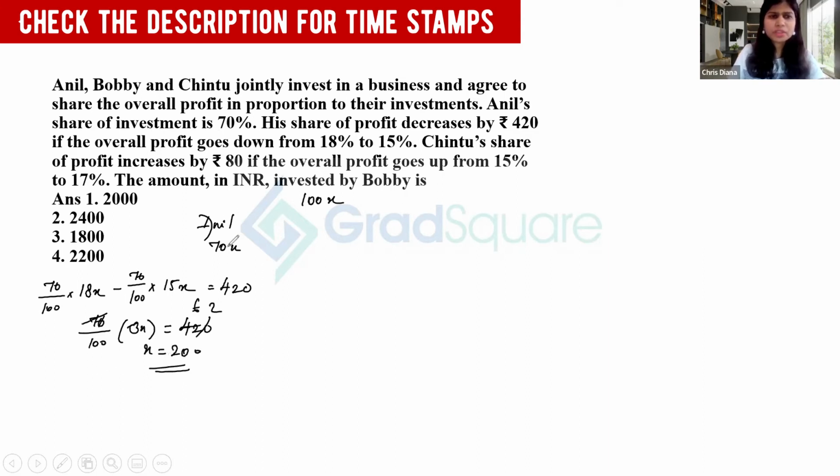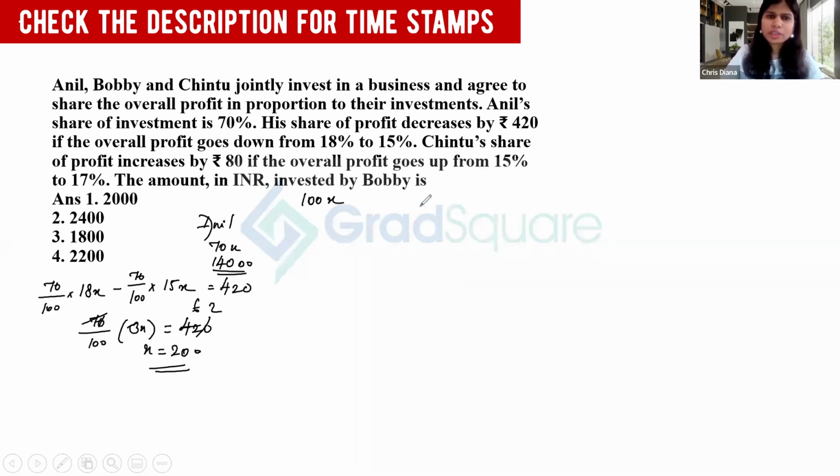So Anil's investment is going to be 14000, but I'm not bothered with this. Now Chintu's share of profit increases by 80 if the overall profit goes up from 15%.